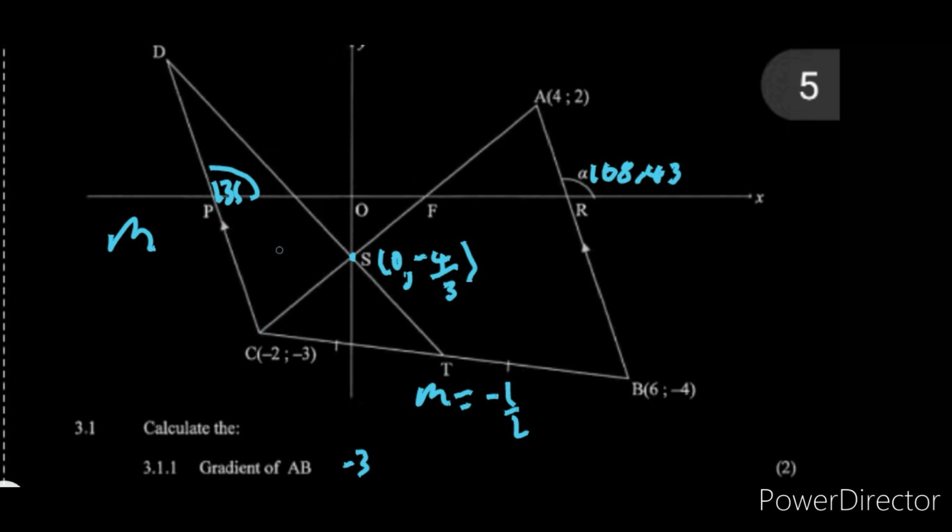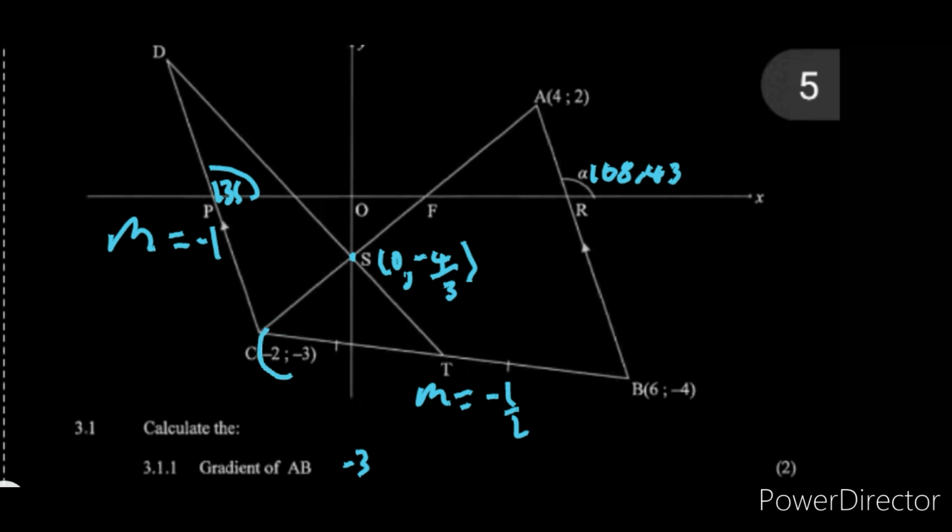So if this was the question, we would just use m is equal to tan theta, and then m is equal to tan 135, and it will give you -1 as the answer. So in this case, we have the gradient. So the gradient is -1.